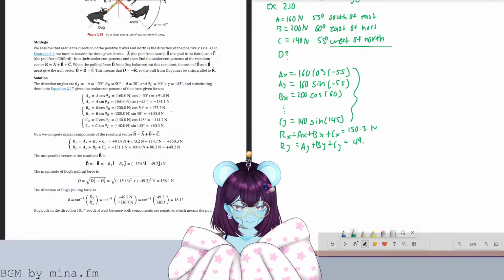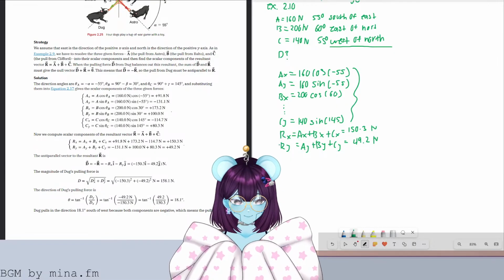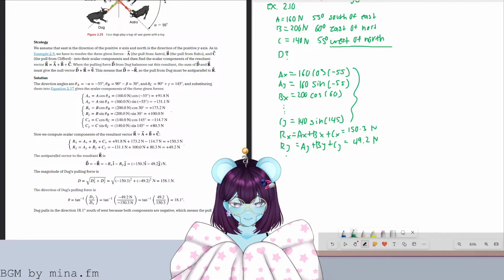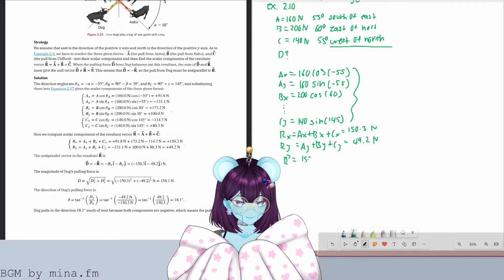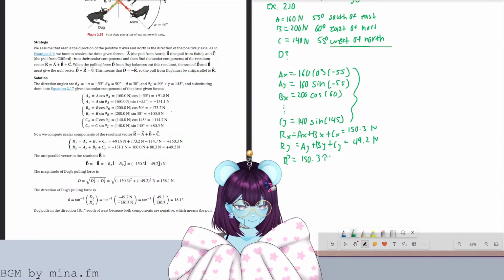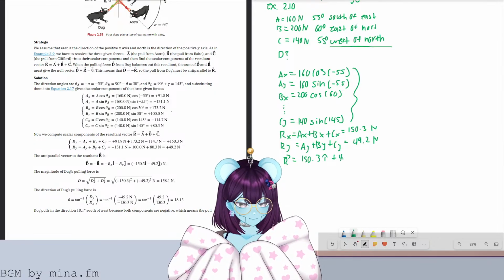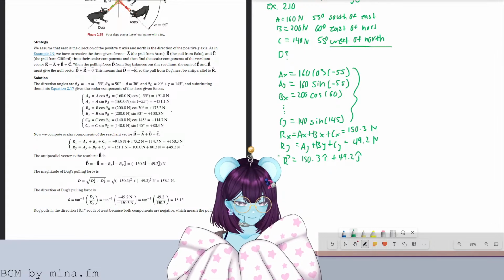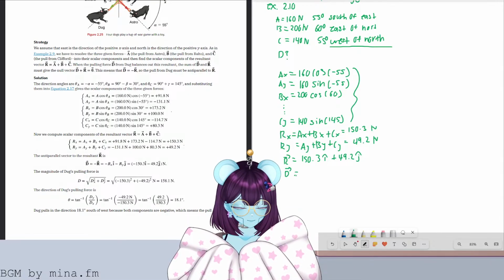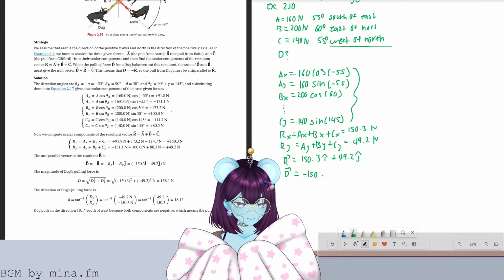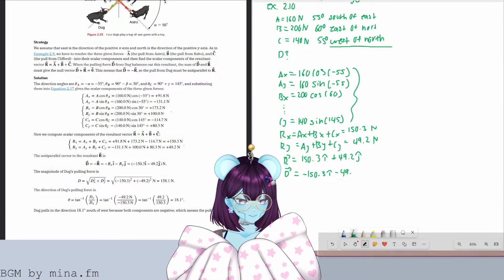Newtons and 49.2 newtons. And then once we put that together into an R, we get 150.3 i hat plus 49.2 j hat. We can put a negative sign on all of them, and then we get where Doug is going: negative 150.3 i minus 49.2 j hat.